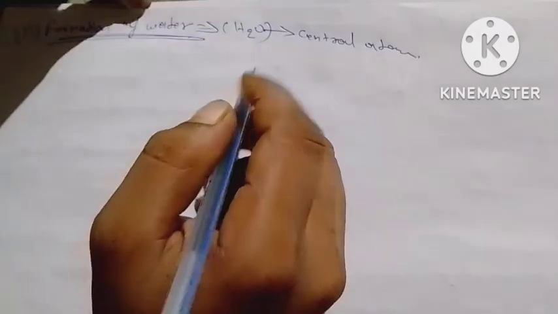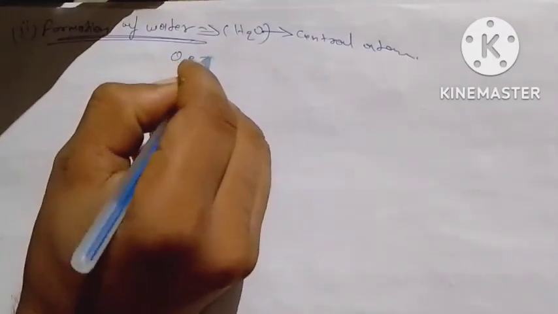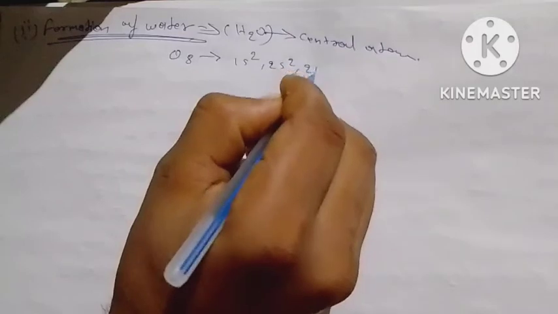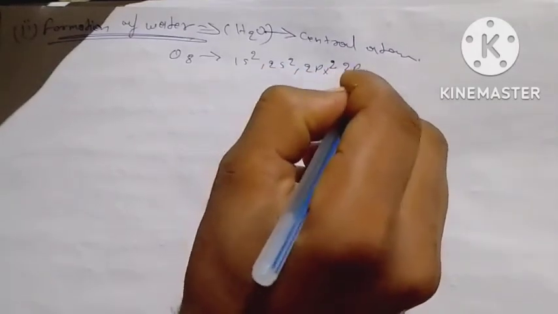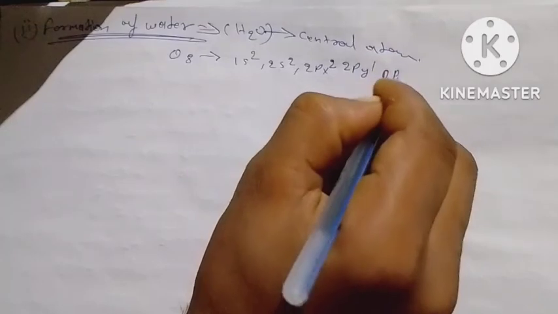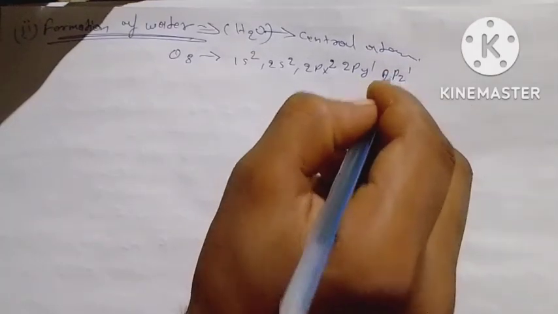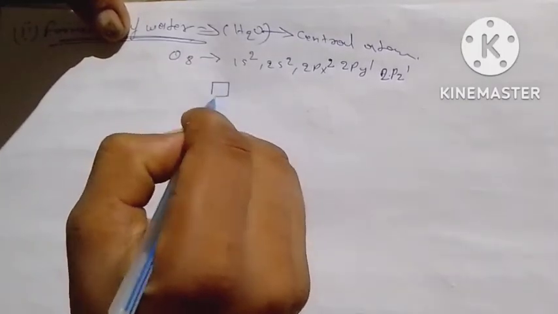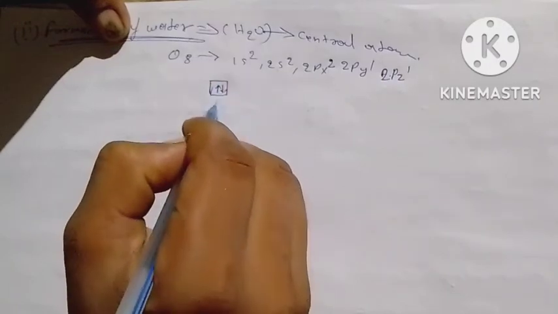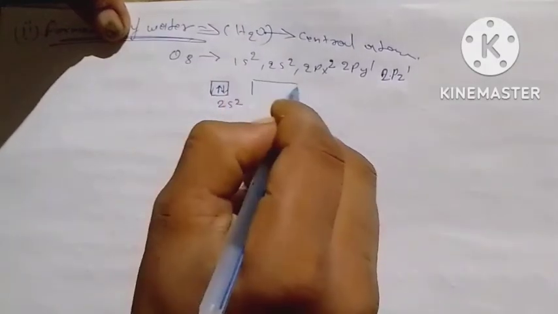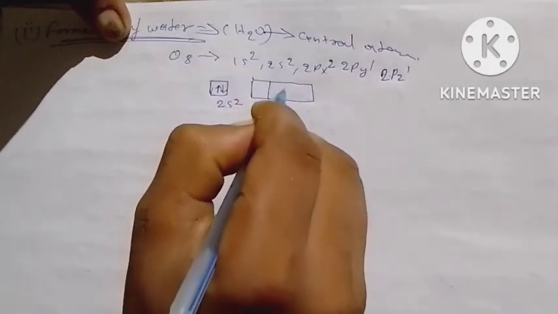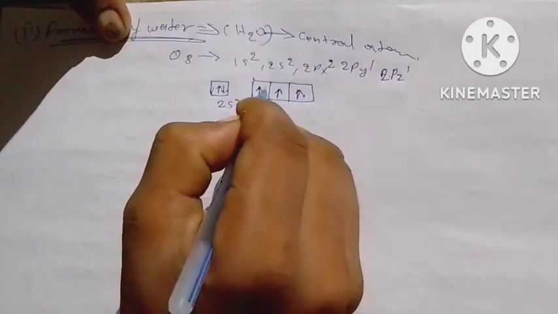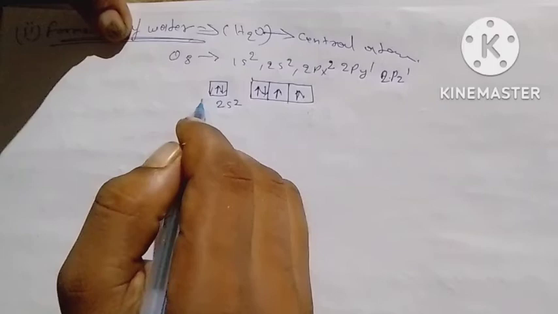The electronic configuration of oxygen, atomic number 8, is given as 1s2 2s2 2px2 2py1 2pz1. This is the 2s2, and in the p orbitals it is 2p4.